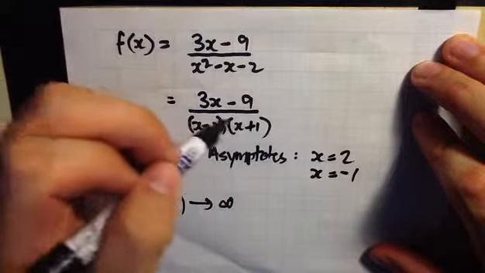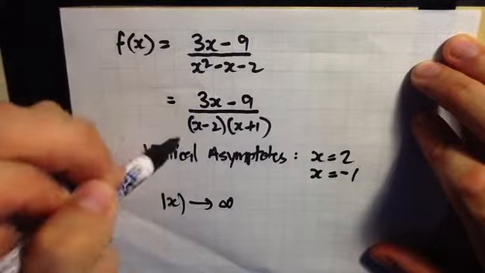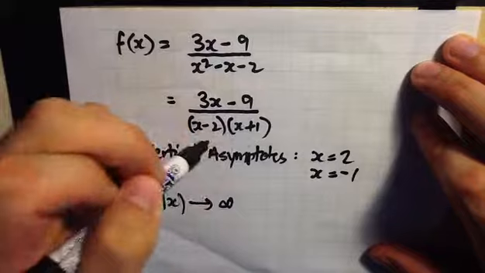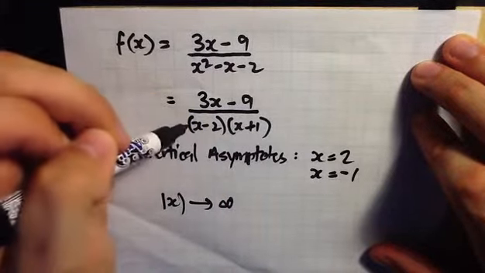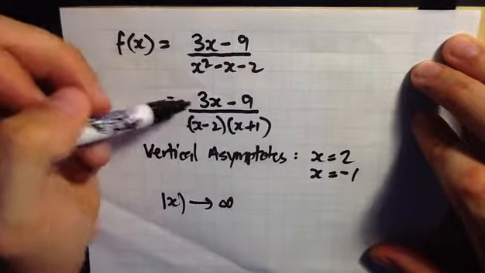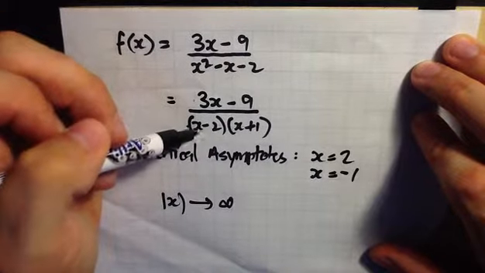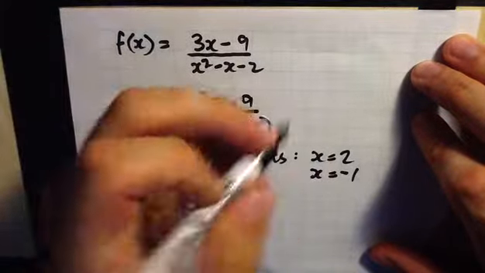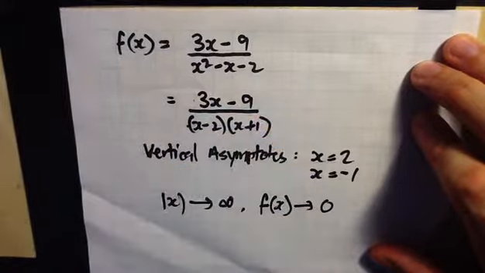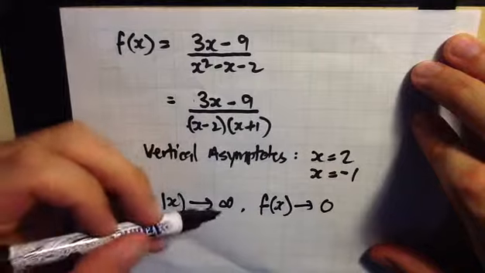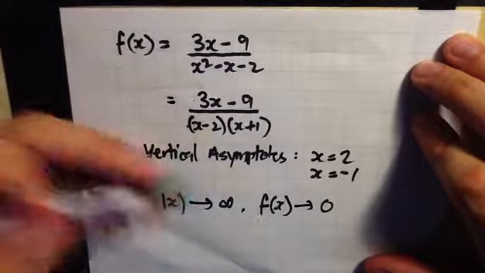A huge denominator means a very small number, a small function all up. So the bigger the denominator gets, the smaller the function. So if this is heading towards infinity, you can see that the function approaches 0. As modulus x approaches infinity, the function gets closer and closer to 0.